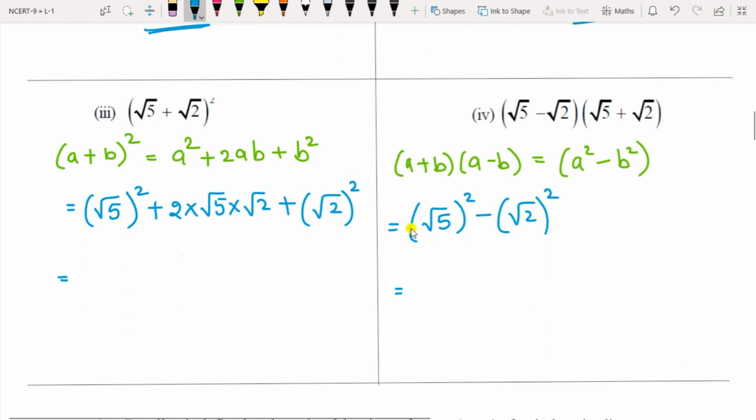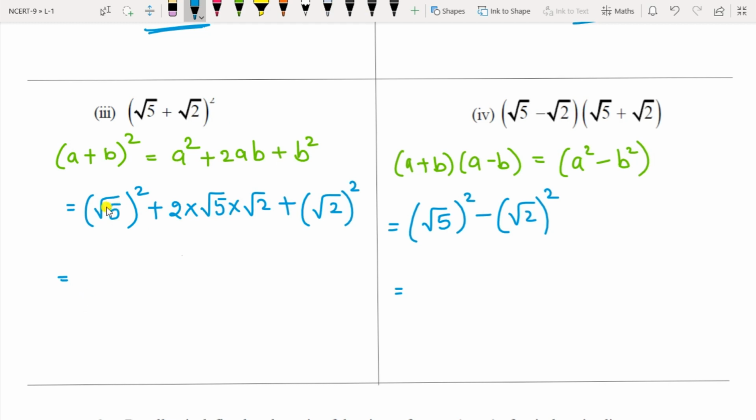This one, the third one, is a whole square, so it becomes (a plus b) the whole square. You have to use this formula here. The expansion is a square plus 2ab plus b square, that is first term square plus 2 into first term into second term plus second term square. The first term is root 5 and the second term is root 2 from the given question.